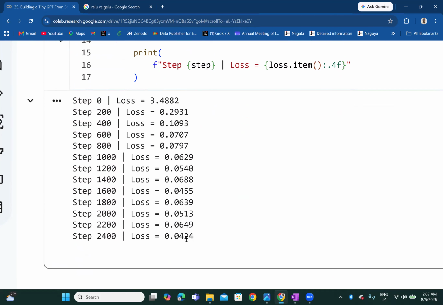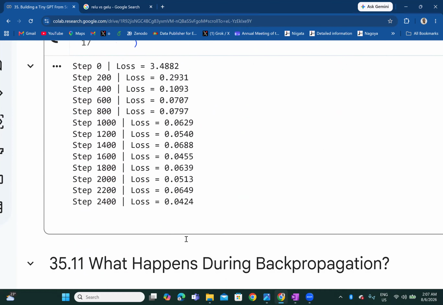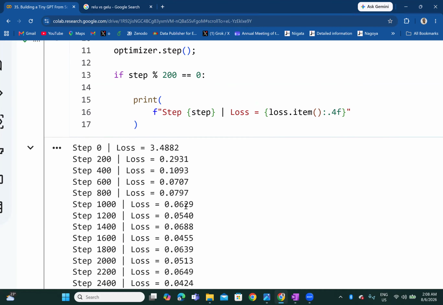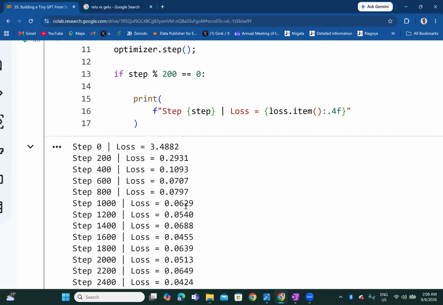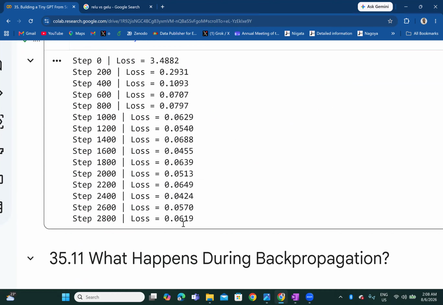Now this one has dropped to 0.424, and then we keep going. At step 2600, that's 0.570, which is bigger than what we had, so there's a kind of instability happening. Of course, for bigger models, these things are well taken care of. At the end of the day, the final loss we end up getting is 0.0619.